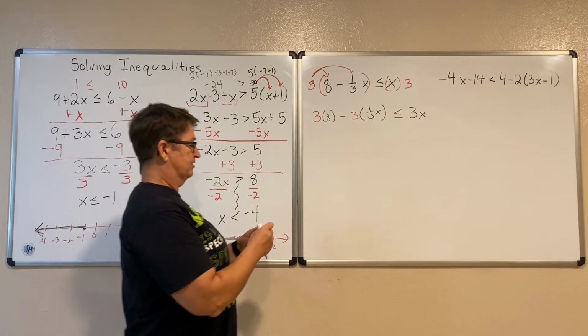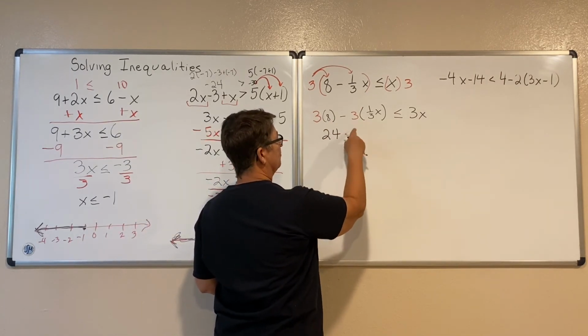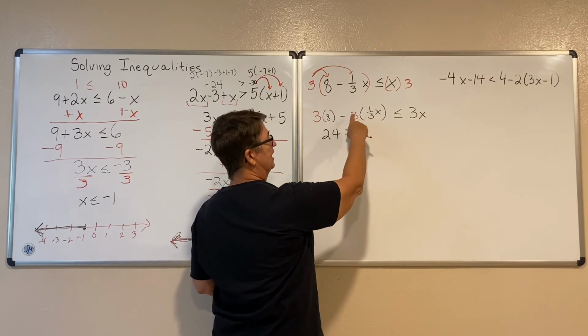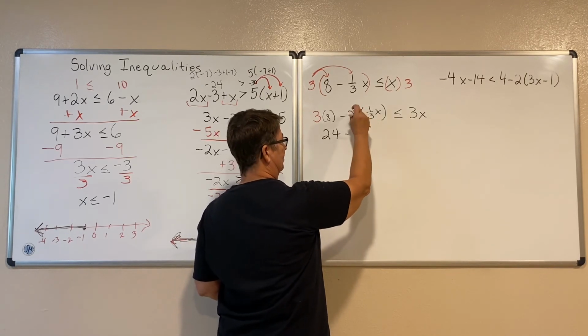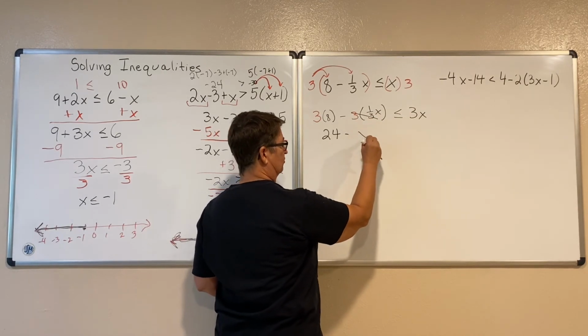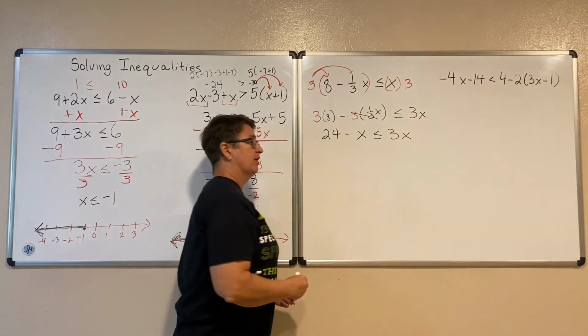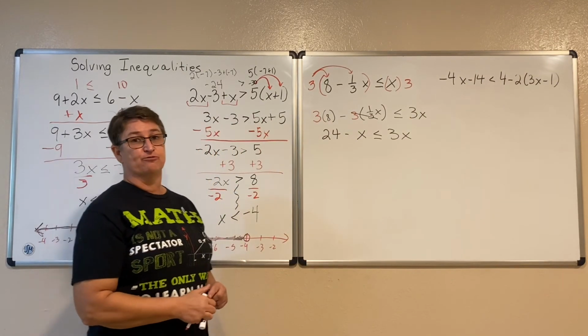On the left, I have 24. And remember, the reason we do this is because this 3 and that 3 become 1, and I'm just left with 1x, or just x. Now I don't have to deal with the fractions.